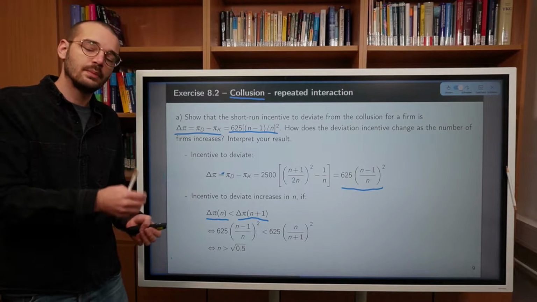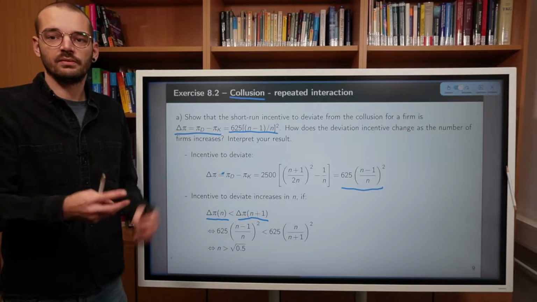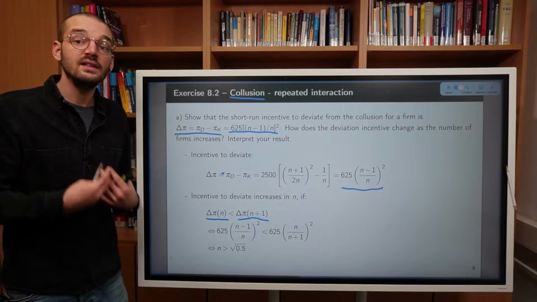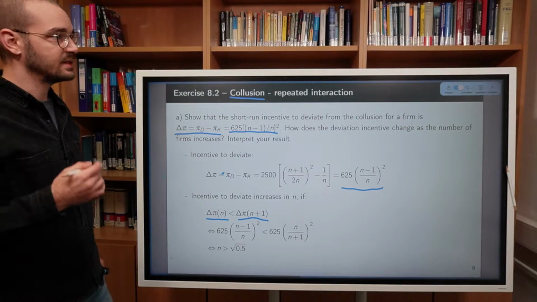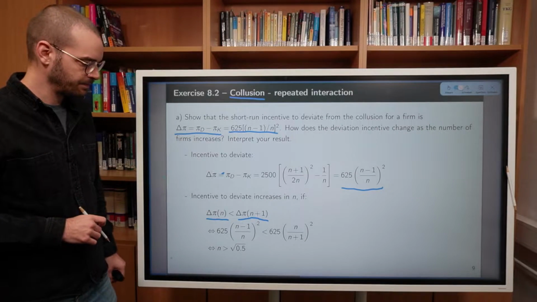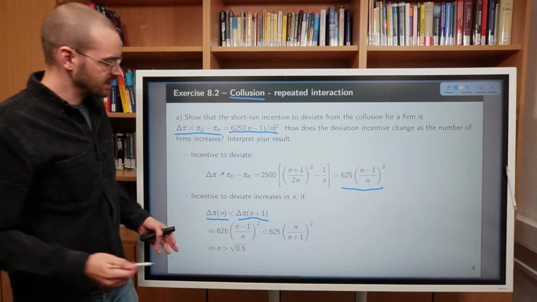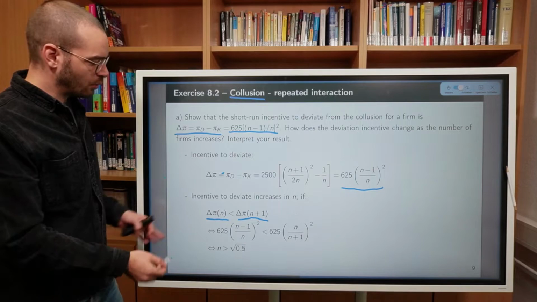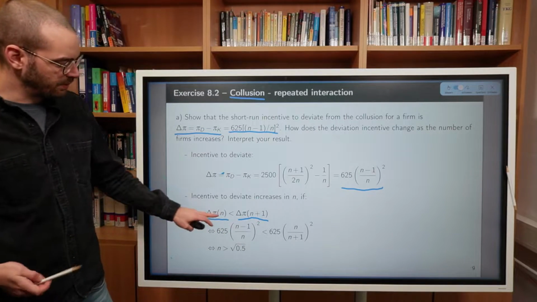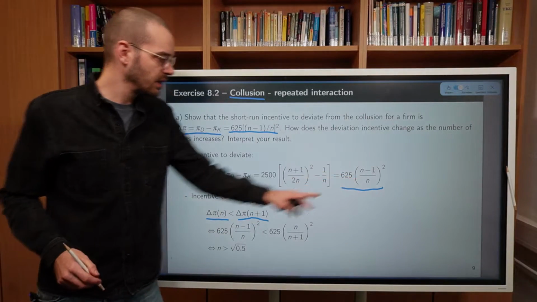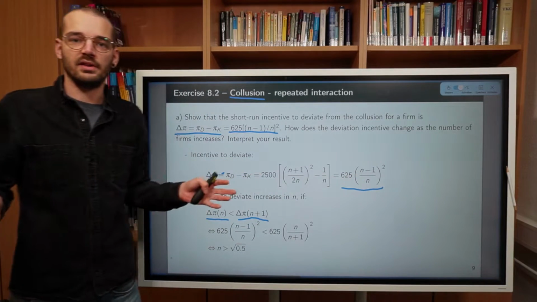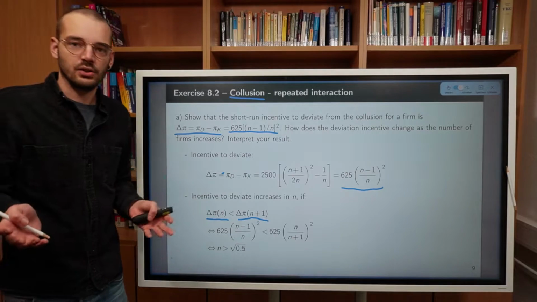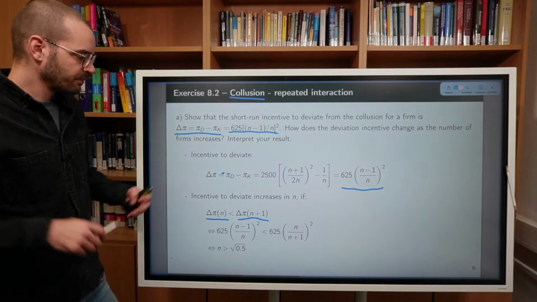So if the number of firms increases, and that is, of course, for any number of firms n, we are considering a situation where there is one additional firm in the market. Okay, so let's compare these two expressions. We simply plug in n into this expression, and we plug n plus 1 into this expression, and compare these two situations to one another.